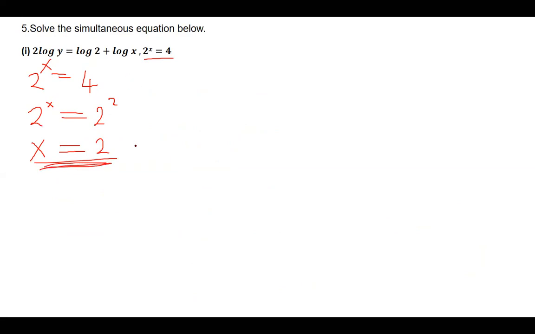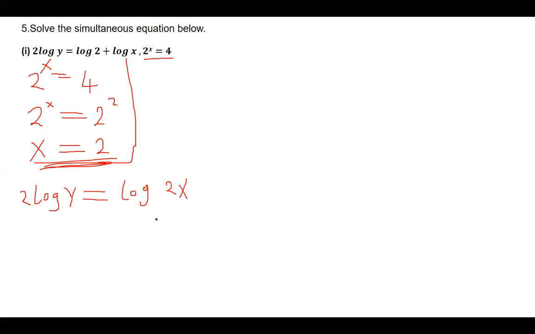And then we also now deal with this other equation. We have 2 log y is equal to log 2 plus log x, which is just the same as log 2x.